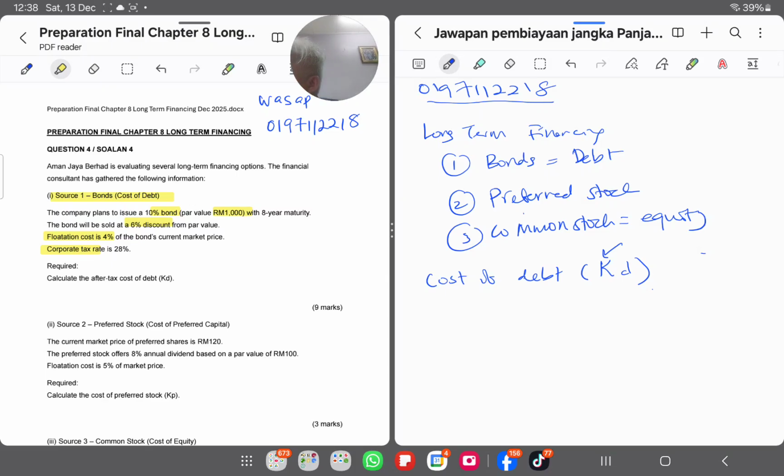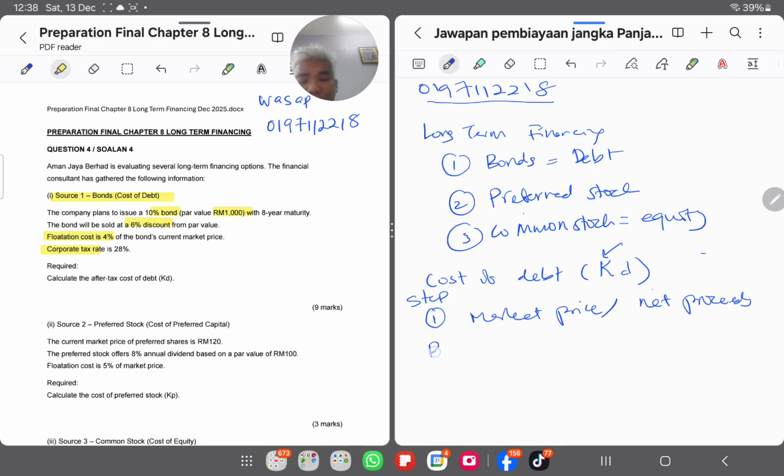Alright, the first step is you have to determine the market price or net proceeds. For example, when you buy bonds after discount, you have to consider the discount.